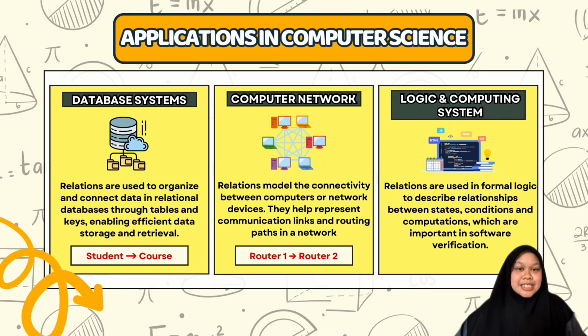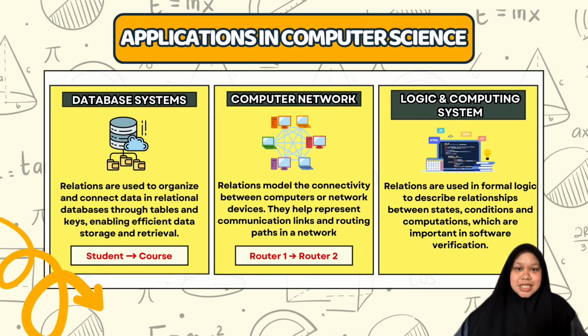Now let's look at some real-world applications in computer science. The first application is database systems, where relations are used to organize and connect data through tables, primary keys, and foreign keys, allowing information to be stored and retrieved efficiently. The second application is computer networks. Relations help model the connectivity between computers and networking devices, making it easier to represent communication links and routing paths.